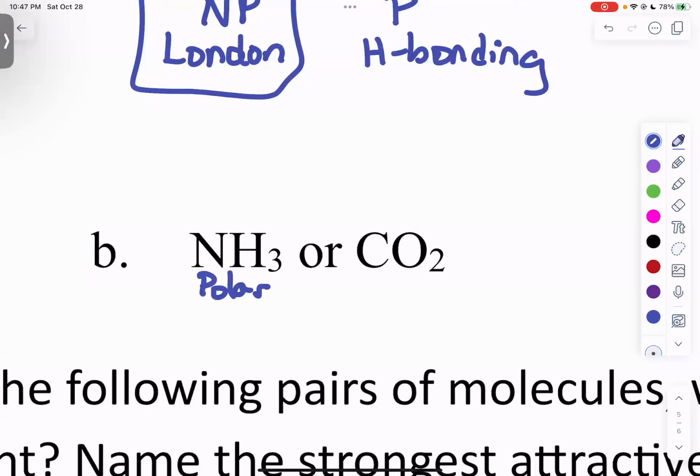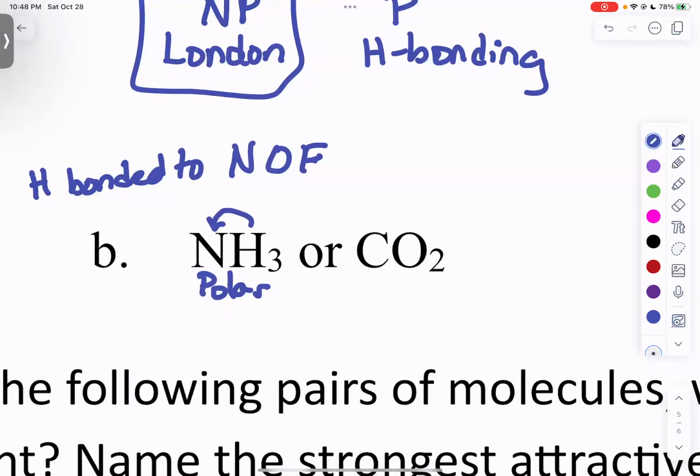So remember, to have hydrogen bonding, you have to have a hydrogen bonded to nitrogen, oxygen, or fluorine. Okay, so do we have a hydrogen bonded to a nitrogen, oxygen, or fluorine? If the answer is yes, it's a hydrogen bond. If the answer is no, then it is just a dipole-dipole. But here I have hydrogen bonded to a nitrogen. So that is hydrogen bonding.